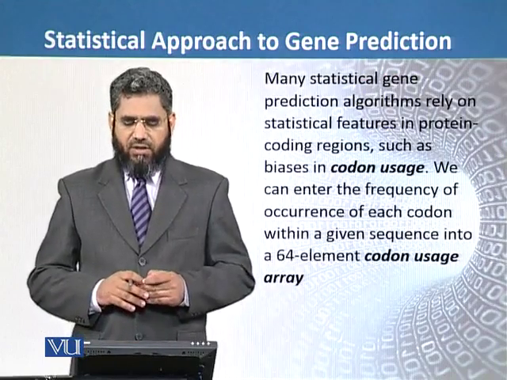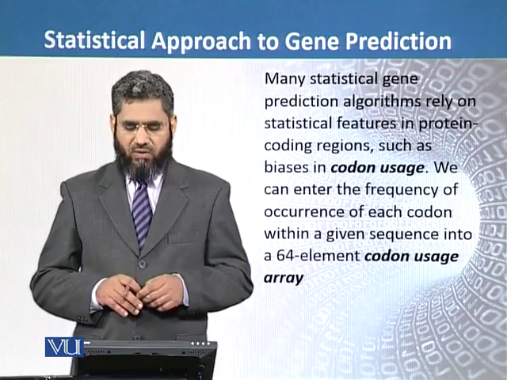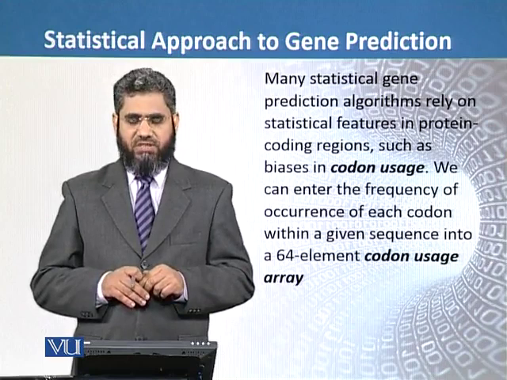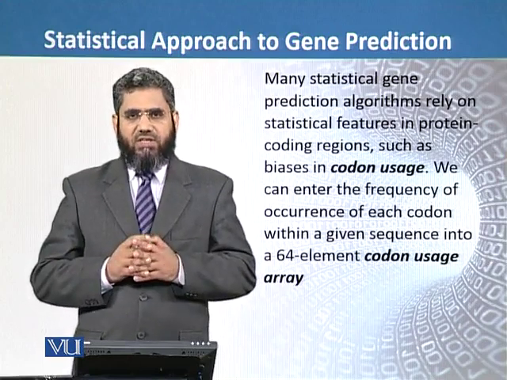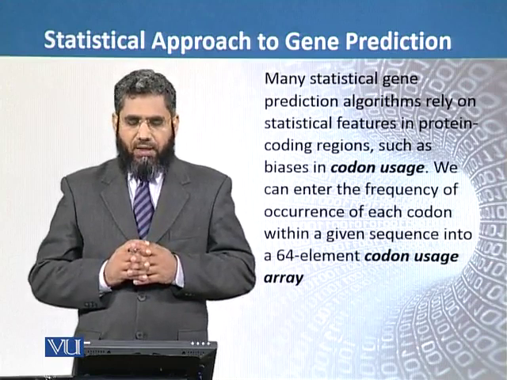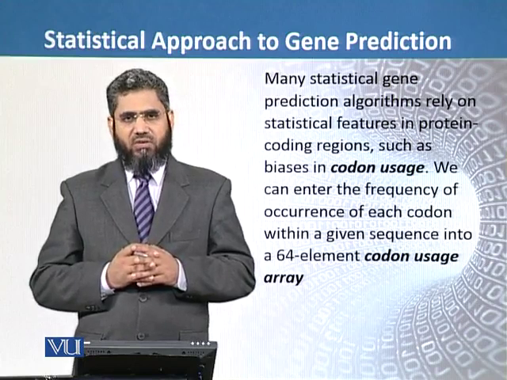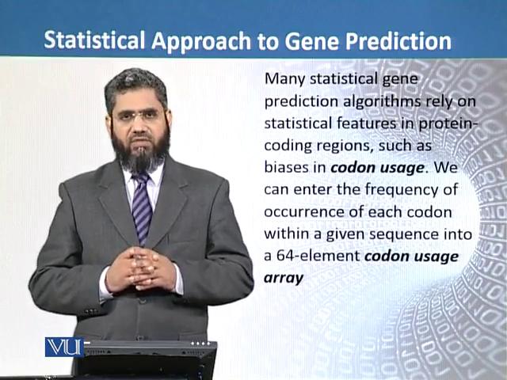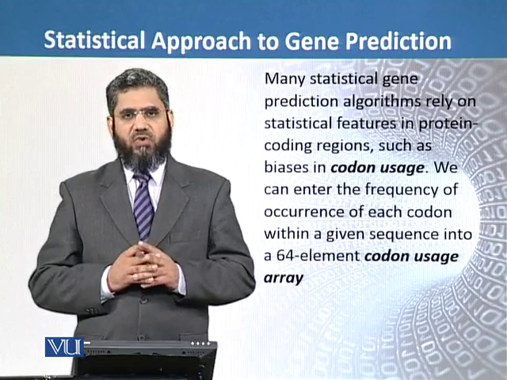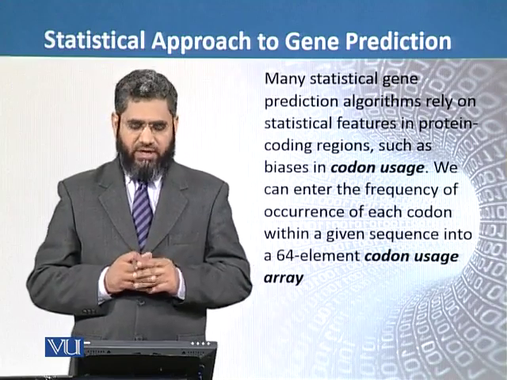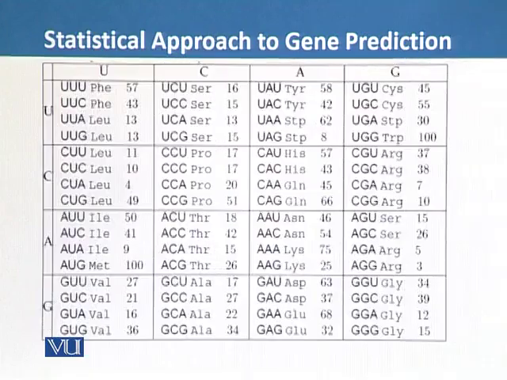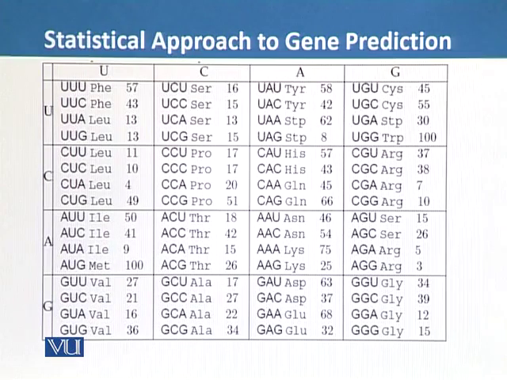Many statistical gene prediction algorithms rely on the statistical features of the protein's coding regions, that is, the codon usage. By using codon usage, we can enter the frequency of occurrence of each codon within a given sequence into a 64-element codon usage array. Here we can see a chart that is a codon usage array, the genetic code and codon usage in Homo sapiens, meaning humans.